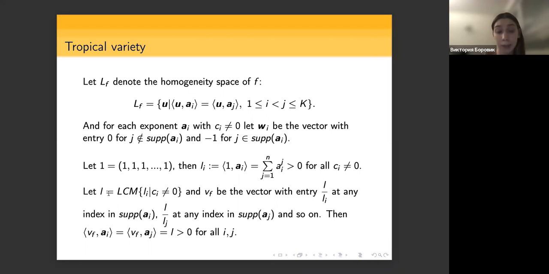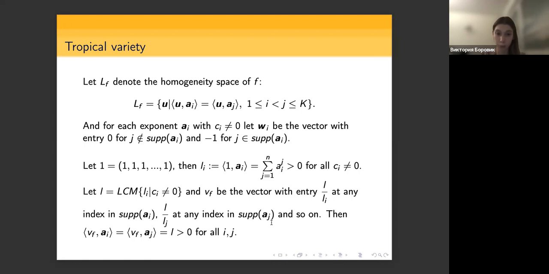Now I will consider the least common multiple L of all of these inner products, and I will take the vector v sub f with entry L divided by L sub i at any index in the support of A sub i, and L divided by L sub j at any index in the support of A sub j, and so on. I recall that our polynomial is disjointly supported, so I can do this.